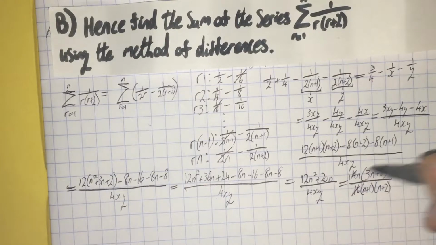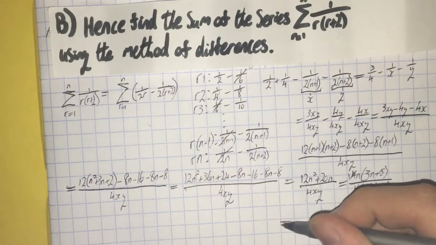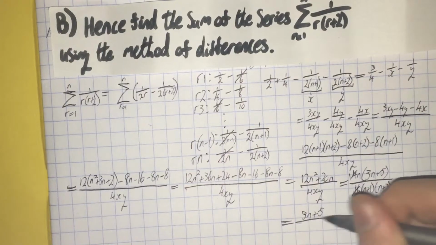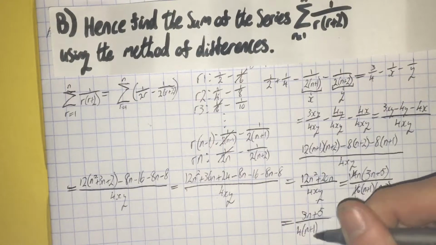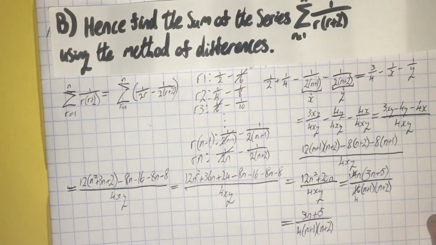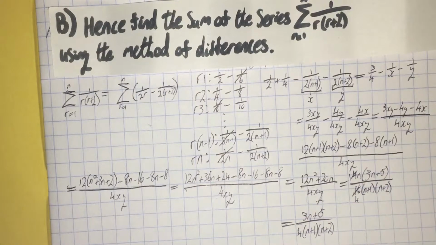That'll go to 1, and that'll go down to 4, which means we've shown the summation to equal 3n plus 5 all over 4 times n plus 1 and n plus 2. So that is a slightly more complicated example.